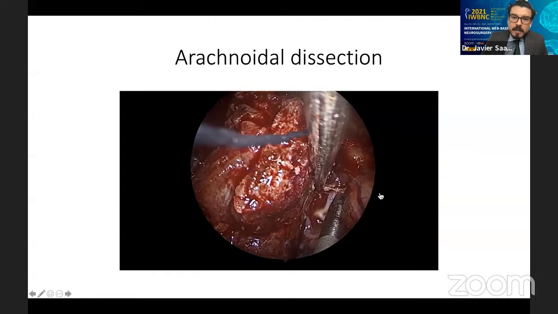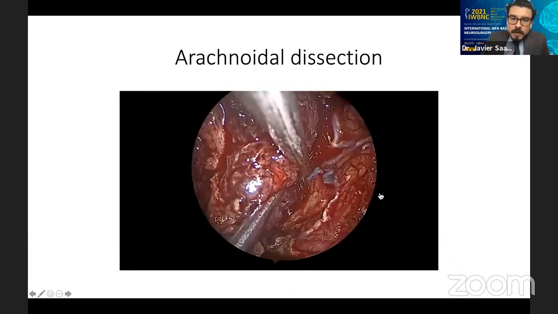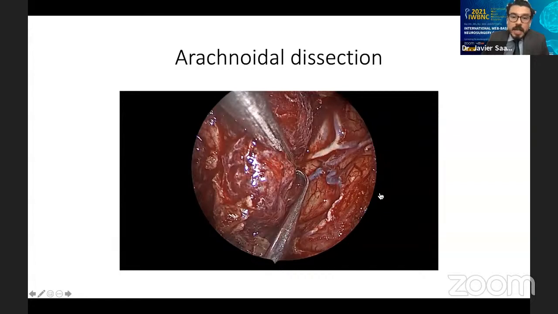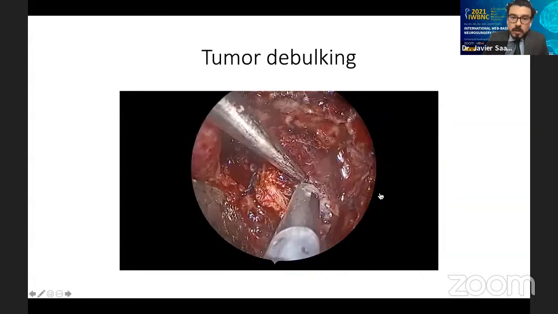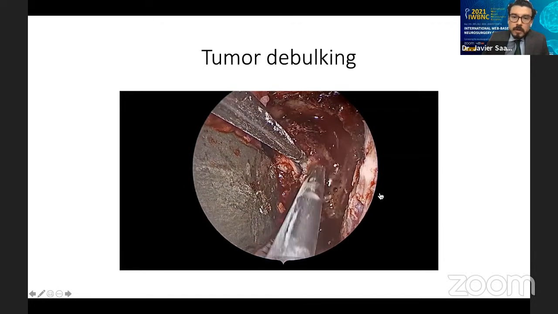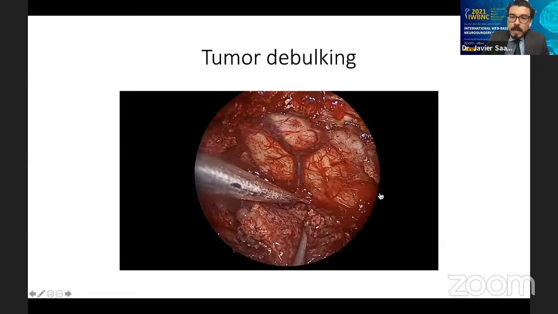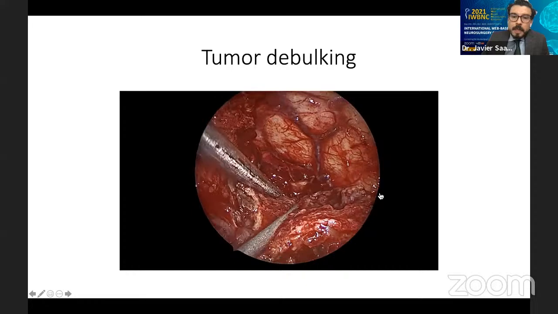We keep dissecting the tumor from the brain, and as you can see, there's no brain retraction. All the retraction we are doing is on the tumor. We proceed as usual. We perform a debulking of the tumor, making the dissection easier. Keep dissecting the tumor progressively.